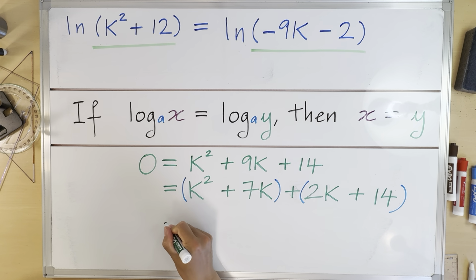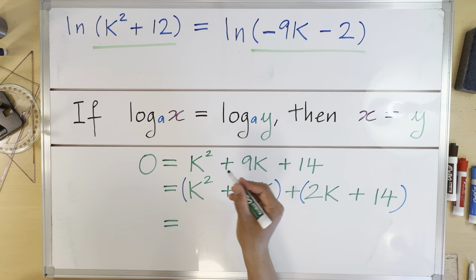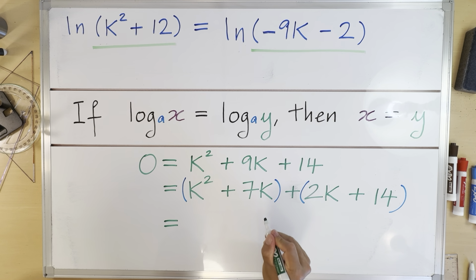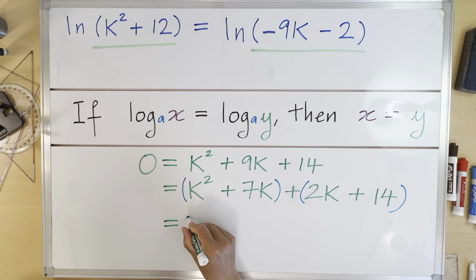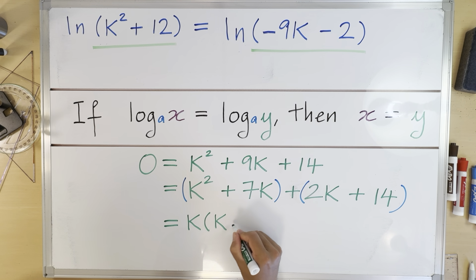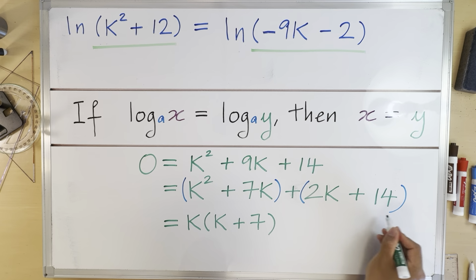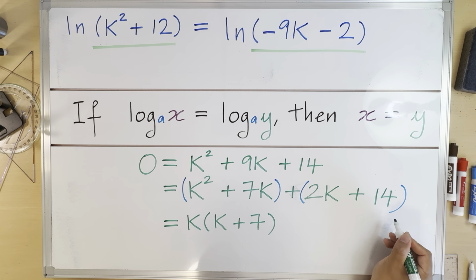Now let us simplify this even further. So k squared plus 7k, we can see that a common factor that we can factor out is k. So this will become k times k plus 7. And this part right here, the common factor would be positive 2.